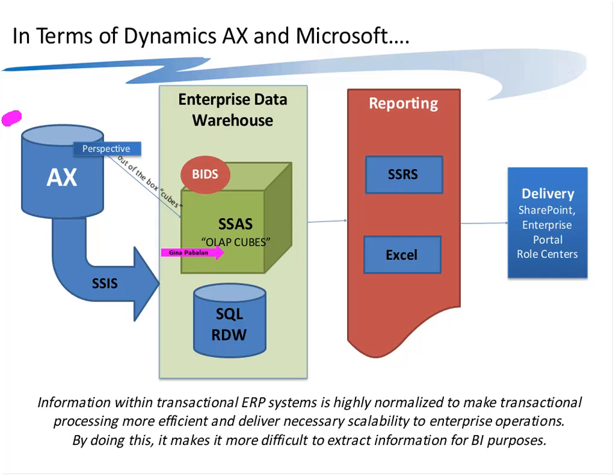And if the guy that's changing the cube doesn't really understand the data model in AX, you're going to go find an AX guy to tell you where the data might be sitting in AX so they can surface it up and bring it over into the cube so the guy can write the SSRS report, so then the other guy that does the SharePoint work can surface that information up on a portal.